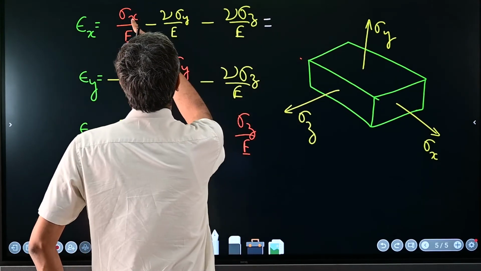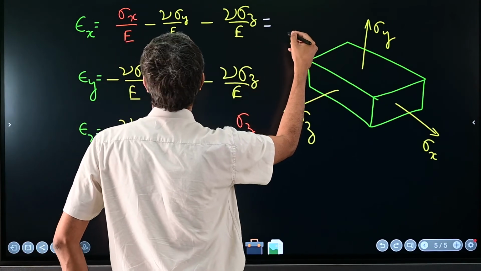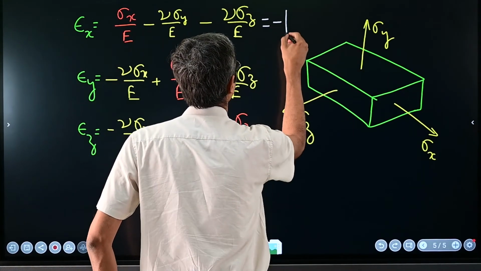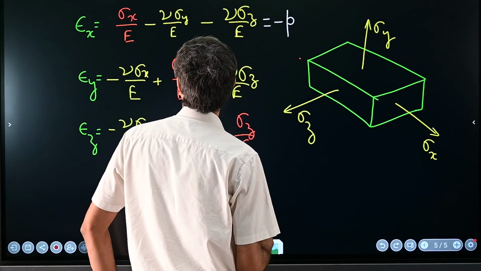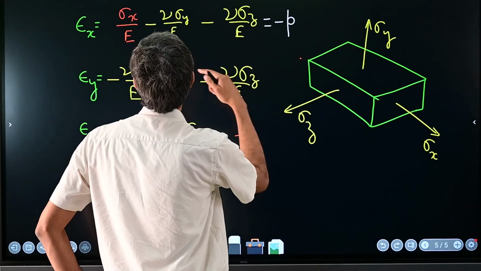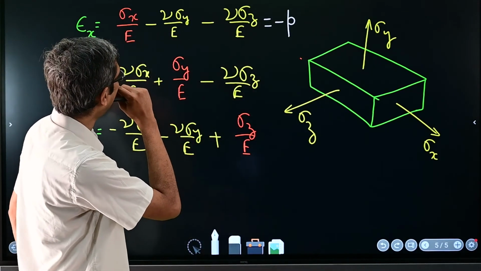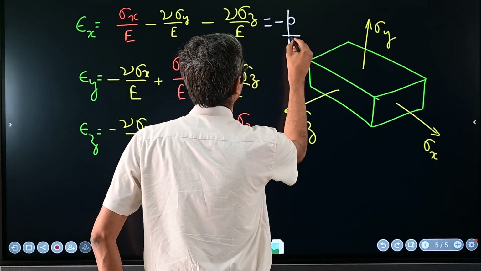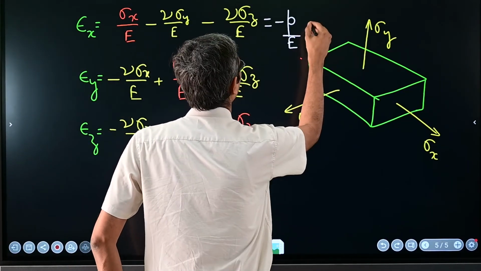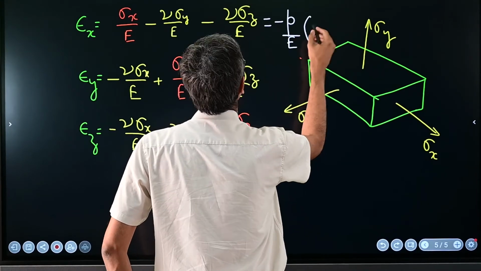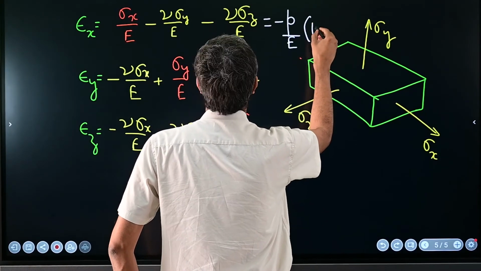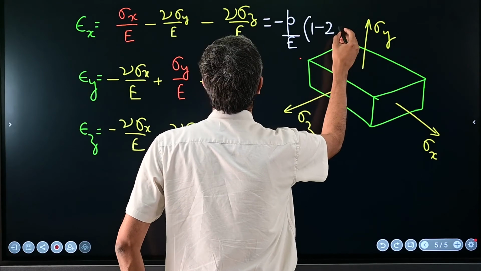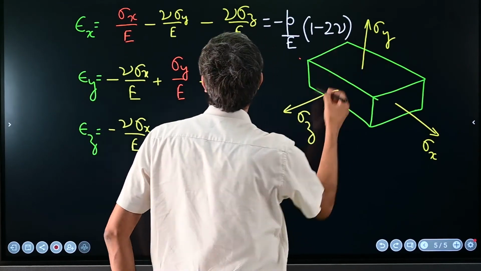All the sigma x, sigma y, sigma z will be the negative of the pressure acting. Then E comes out, and here you will have 1 minus 2 nu.